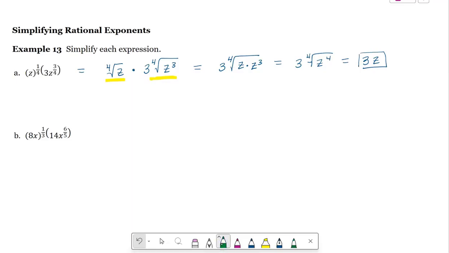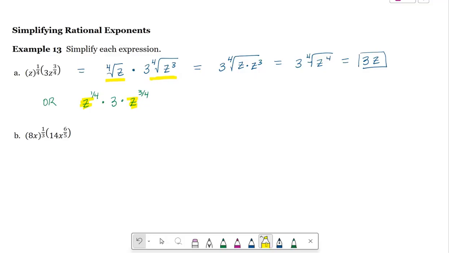Let's go back and do this problem a second time using things that we learned before about exponents. If I think about this problem as z to the 1/4 times 3 and z to the 3/4, I've got two items that the bases match.